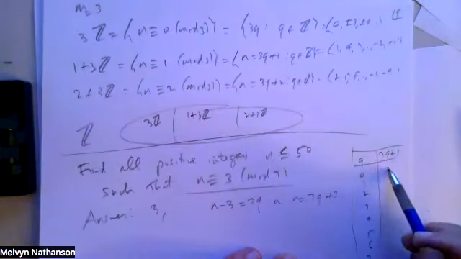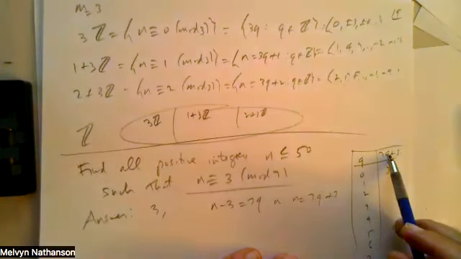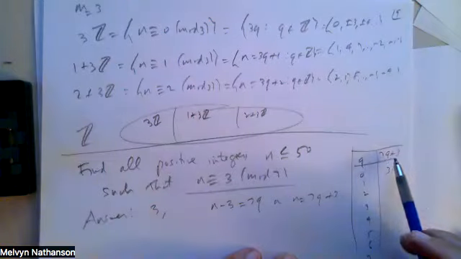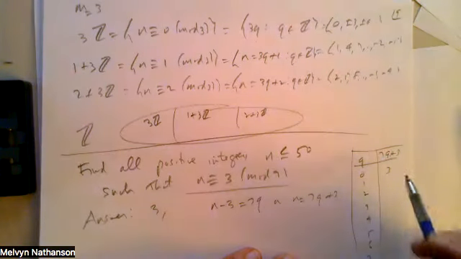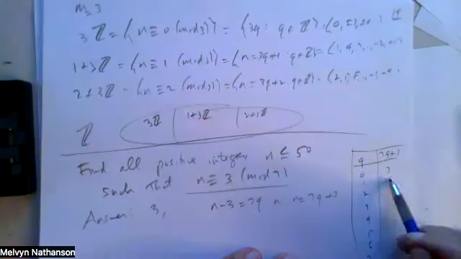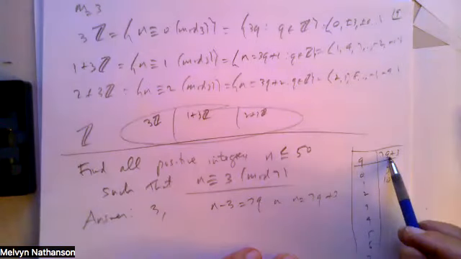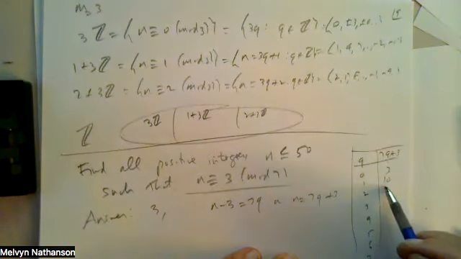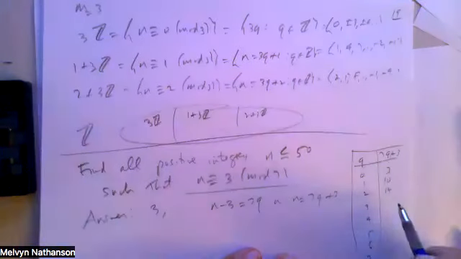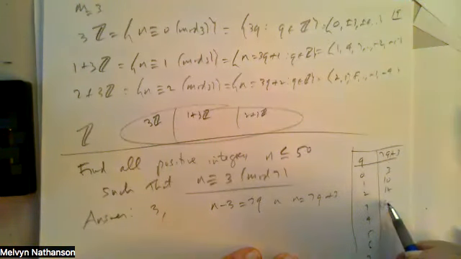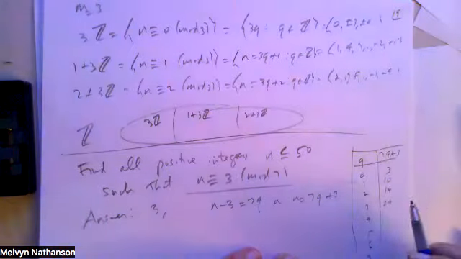When q is 0, I get 3. What do I get when q is 1? 10. What do I get when q is 2? 17. When q is 3? 24.